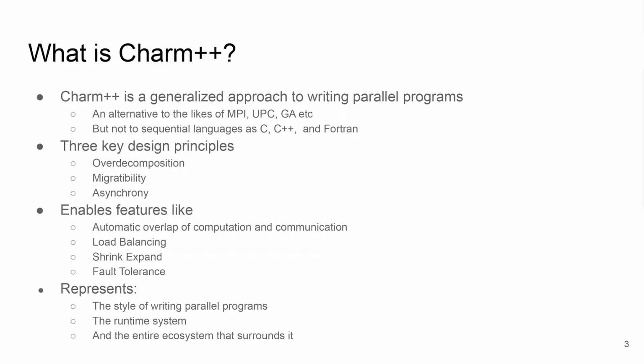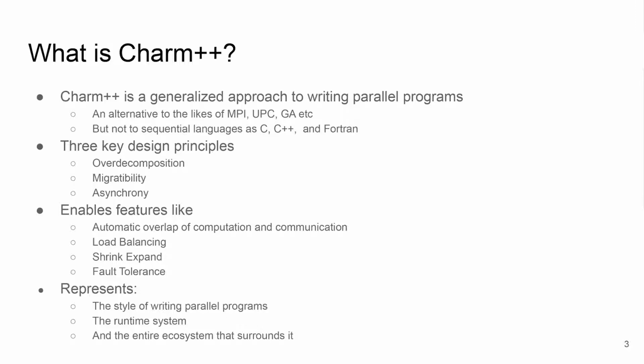So typically, like in MPI, you decompose the domain such that you have one rank per processor element or core, but in Charm++, you do the decomposition, you just overdo it. So typically you have about tens or 20 of these entities, which are basically C++ objects residing on each processor. So that is the meaning of over decomposition.